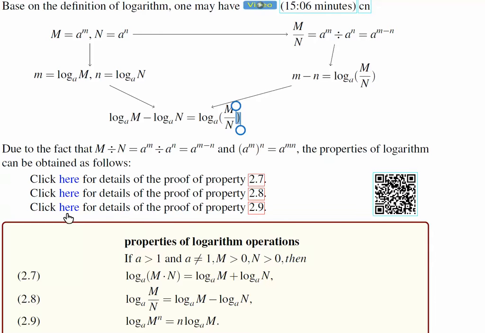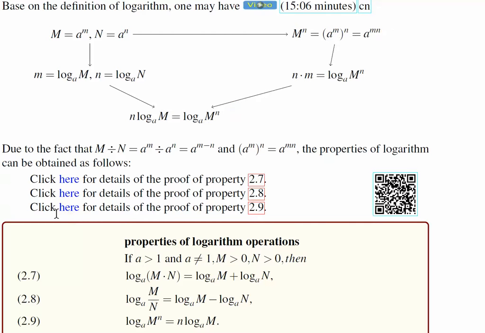For 2.9, again, the first one is not changed. Vertically, this one is not changed. The only change is here. M to the n is a to the m to the n.